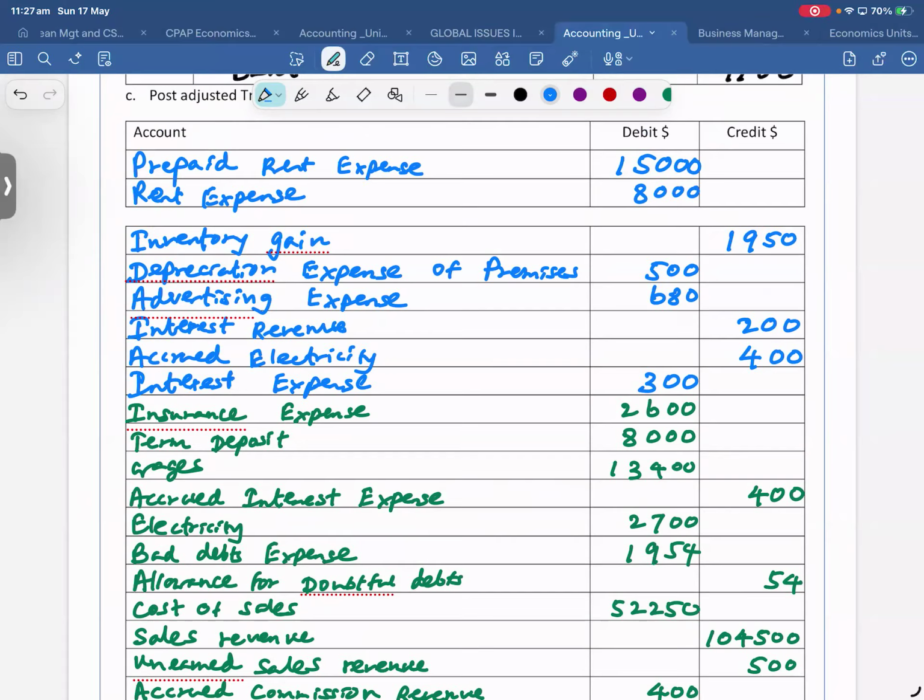Okay, shall we start the income statement and balance sheet? The inventory, this part.